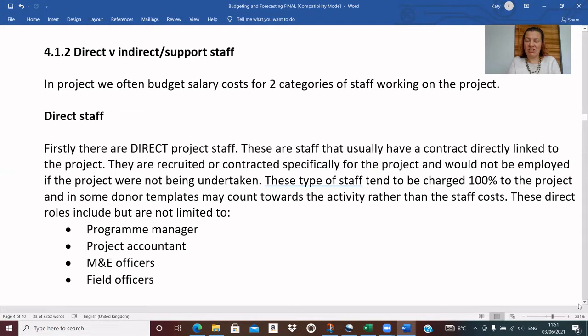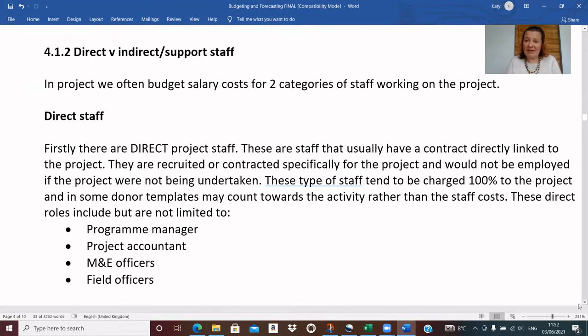In the salary section of our proposals and our budgets, we often split the staff into two categories. So first we have direct staff, and these are the staff that usually have a contract that is directly linked to the project. So they are recruited specifically for and contracted specifically for the project. And if it were not for the project being undertaken, they wouldn't be employed.